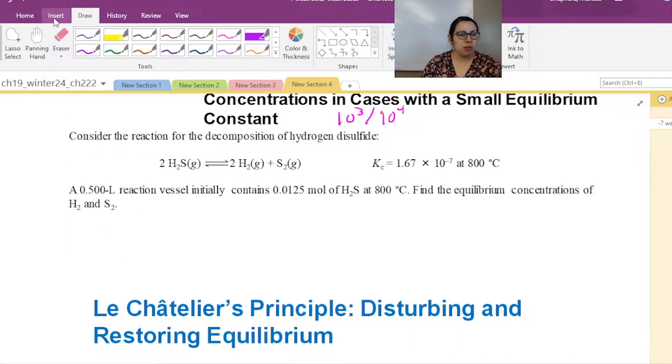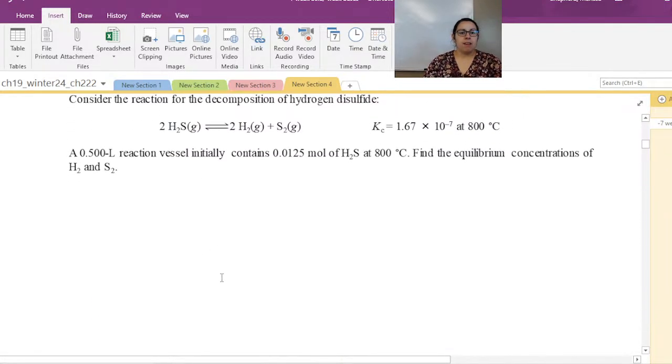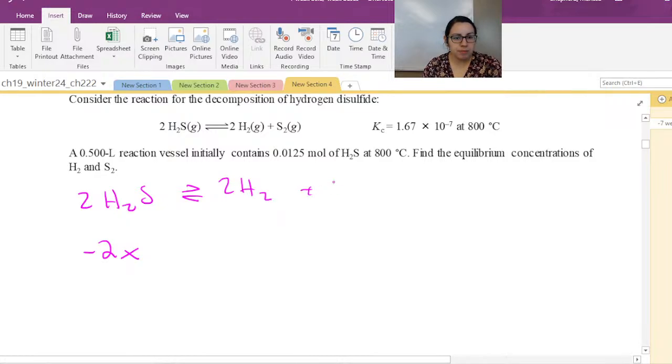And so let's actually just walk through this together, since we're going to do an approximation. And so again, we're saying we're starting with only reactants. So we know what direction it's going in, so this will be minus 2x. And again, we see we have a pretty small equilibrium constant.